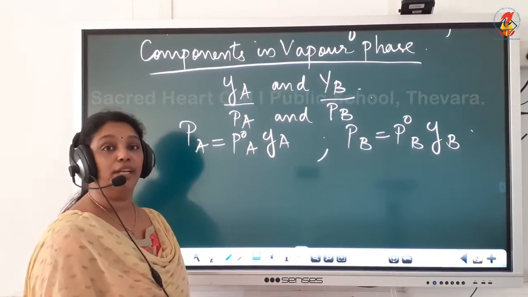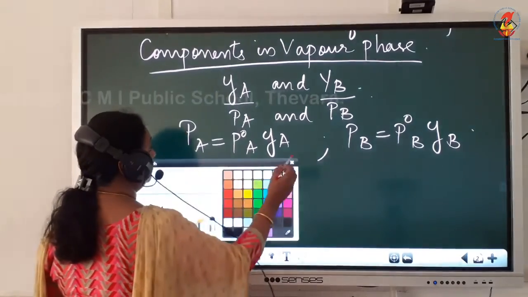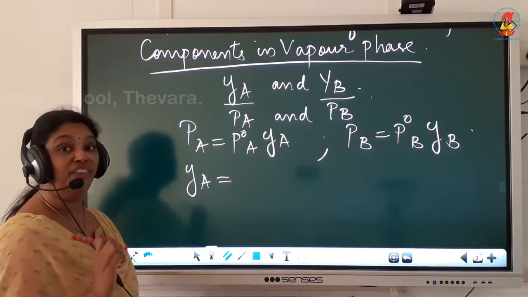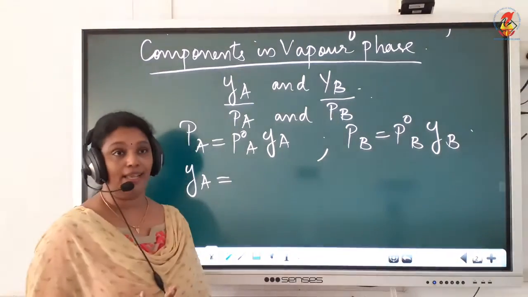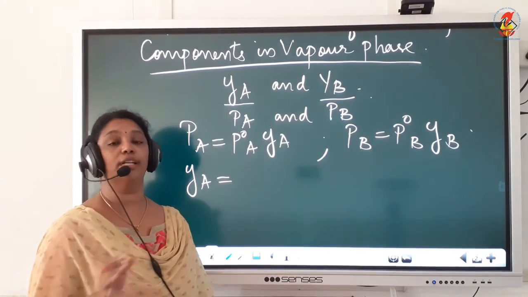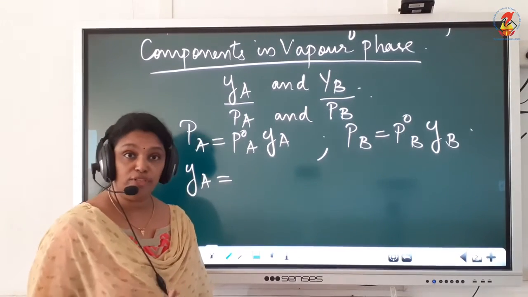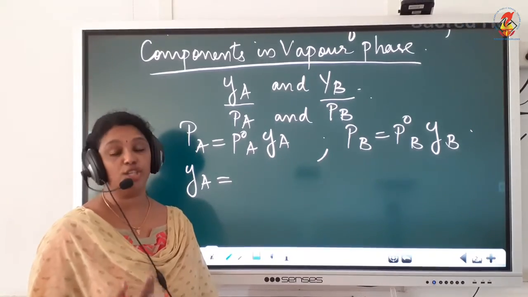Now, substituting for YA, the mole fraction of solvent in the vapor state: when you write the expression for XA, we write it as Na, the number of moles of solvent, divided by the total number of moles of all the components. Here we cannot consider the number of moles because it is in the vapor state, so we have to consider the partial pressure.